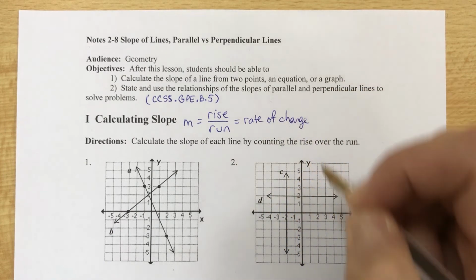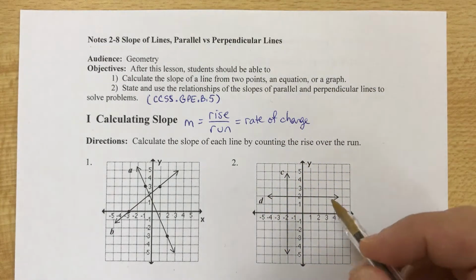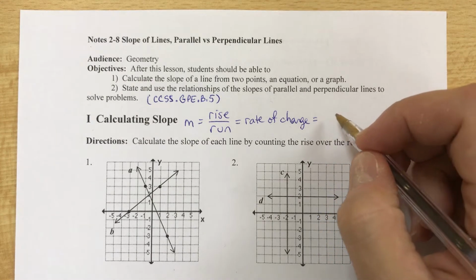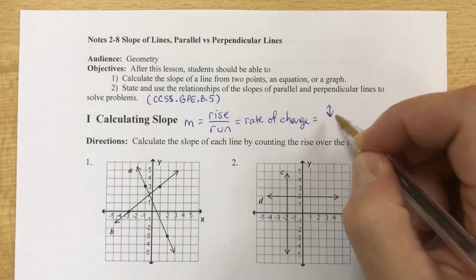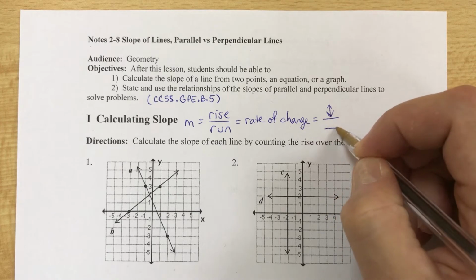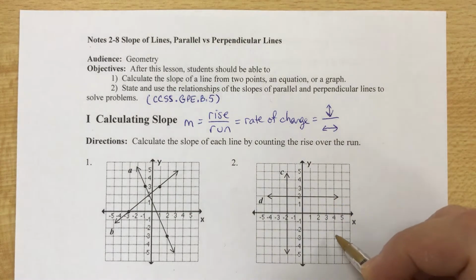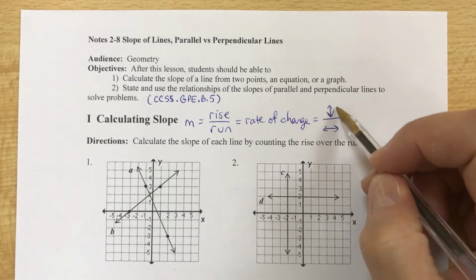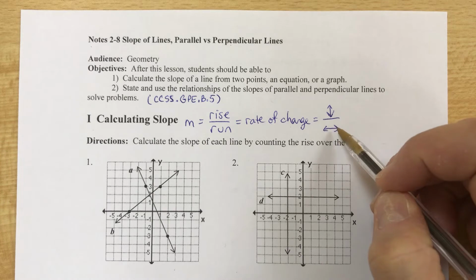Slope is about how a line is changing. It's the change vertically, which is your rise, your change up and down, divided by your change left and right. So when we say rise over run, it's the change vertically divided by the change horizontally. That's how we set it up.